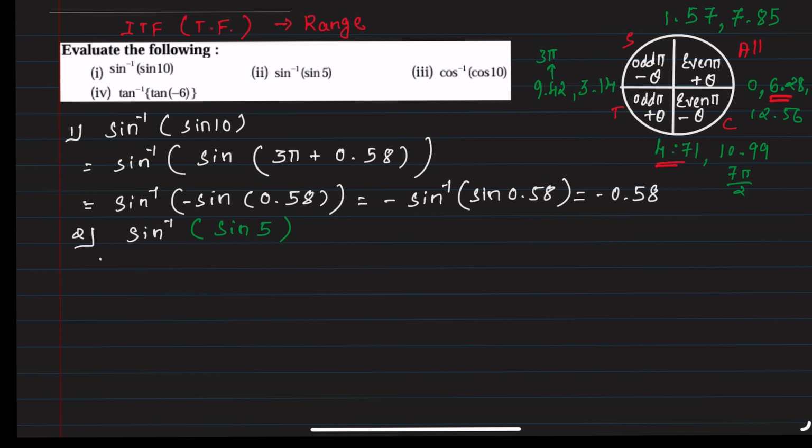So we can write this as sine inverse of sine of 2 pi minus 1.28, since 6.28 minus 1.28 gives us 5. Okay. Next step, sine inverse of sine 2 pi minus theta, which is minus of sine theta.